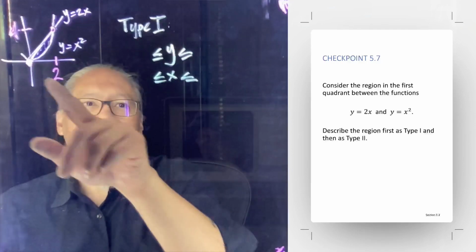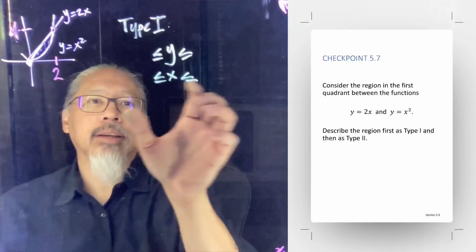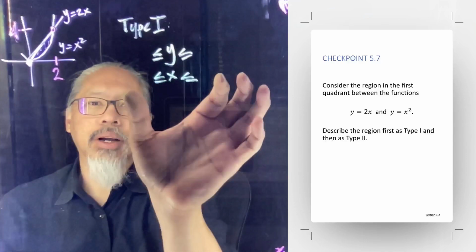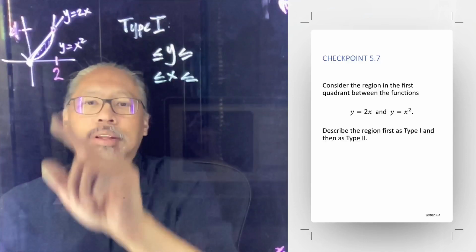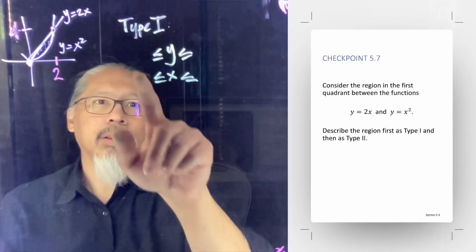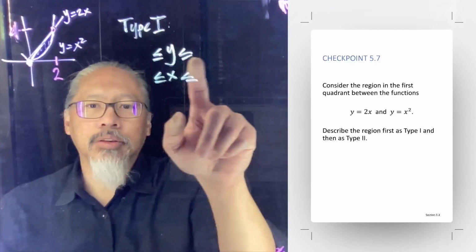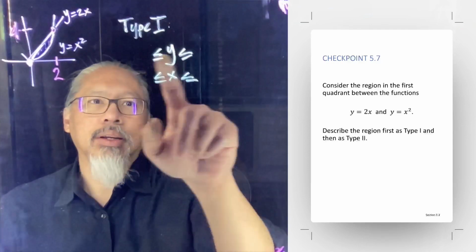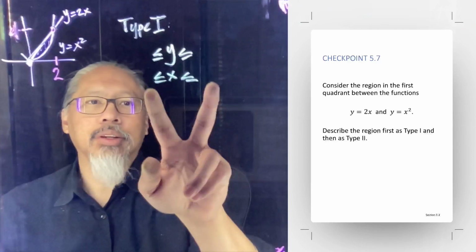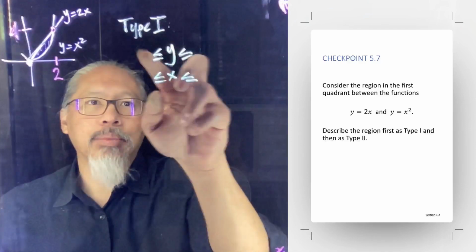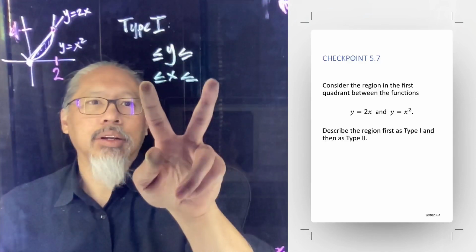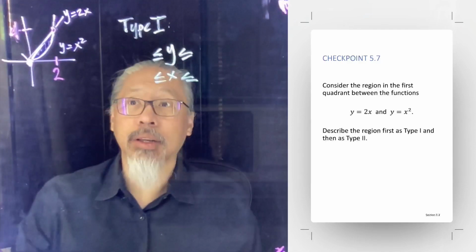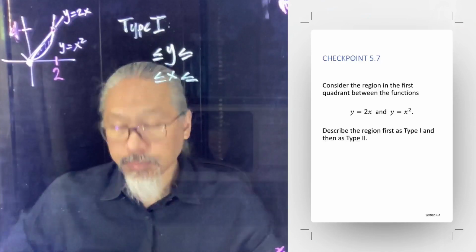If this is a rectangle, then all the limits will be constants. But if it's not a rectangular region, then your inside limits would be functions. At least one of them would be a function, and regardless of what happens in the first limits, your last limits are always going to be constants.